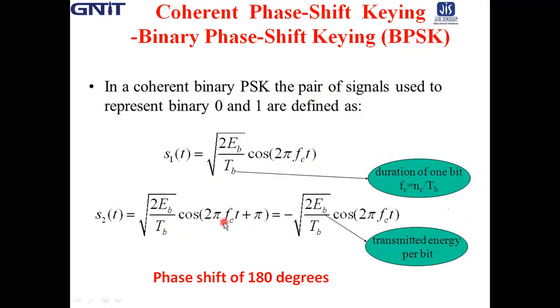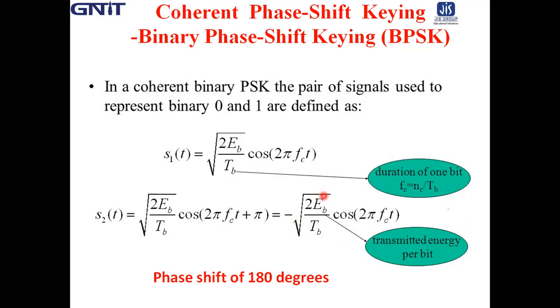That means here a minus sign comes, so minus square root of 2EB by TB cos 2 pi FCT, where t belongs to 0 to TB and EB is the transmitted signal energy per bit.